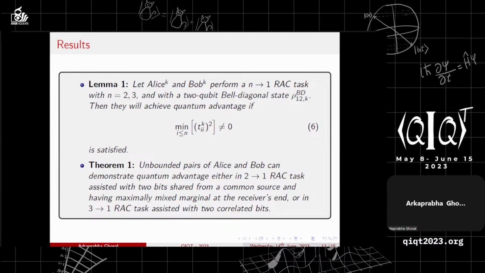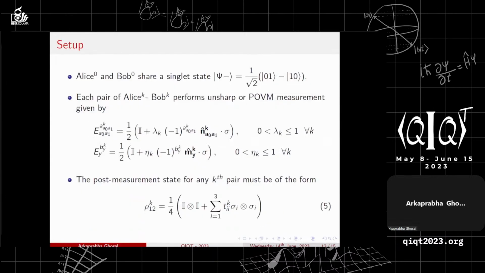In that case also, one can show that an unbounded number of times I can gain quantum advantage.